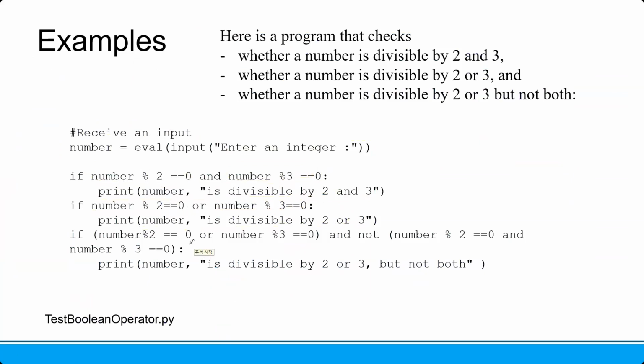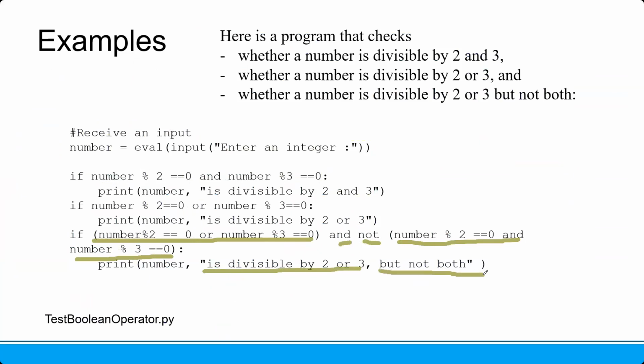The other kind of condition is if number remainder 2 is 0 or number remainder 3 is 0 and not number remainder 2 equals 0 and number remainder 3 equals 0, then the number is divisible by 2 or 3 but not both.